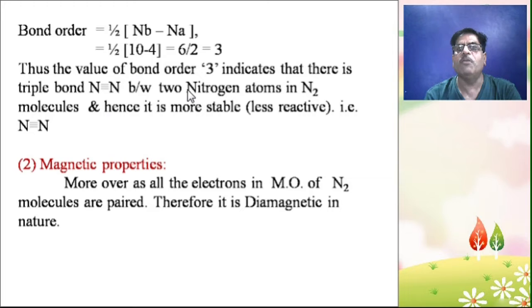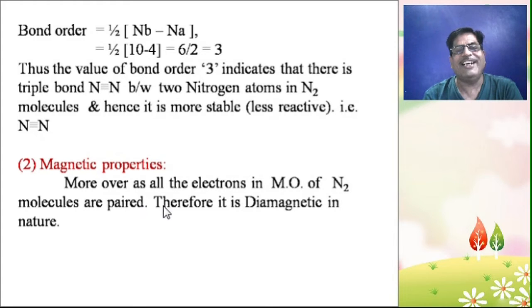Thus the bond order value of 3 indicates that there is a triple bond between the two nitrogen atoms in the N2 molecule, and hence it is more stable or less reactive. It is N triple bond N.